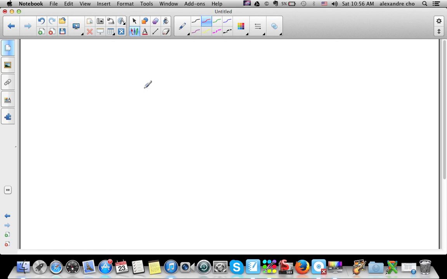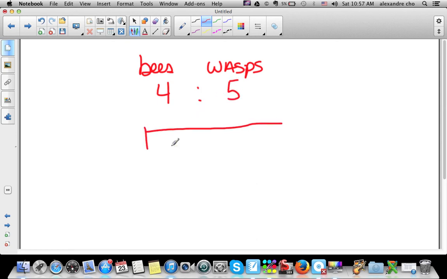Last question. Create a tape diagram to solve the following. Okay, here's a tape diagram. Let me write the ratio for bees to wasps. It's 4 to 5. So I want to create a tape diagram for the bees and one for the wasps. So this is 1.